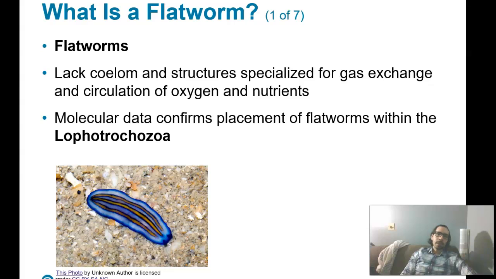And also, they have a high surface area to volume ratio because of their flat bodies. So that also aids them in the diffusion of nutrients and oxygen, but it can also cause them to lose a lot of water easily.